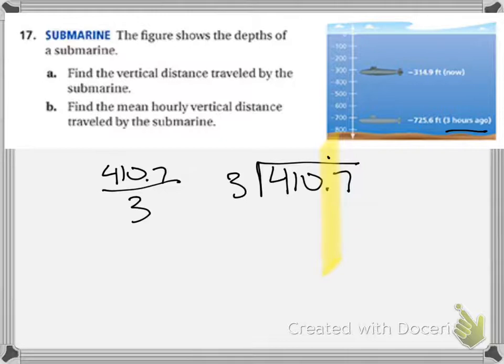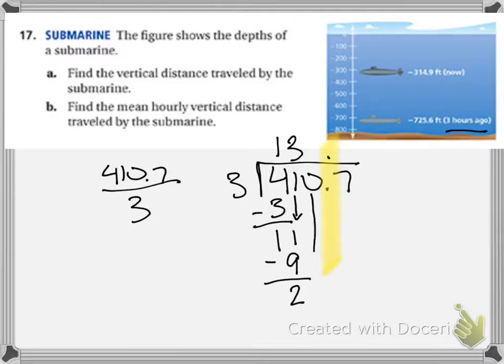I'm going to look at 4 divided by 3. I can divide this one time. 1 left over, I bring down the 1. I can divide 3 times. That gives me 2, and I bring down my 0.